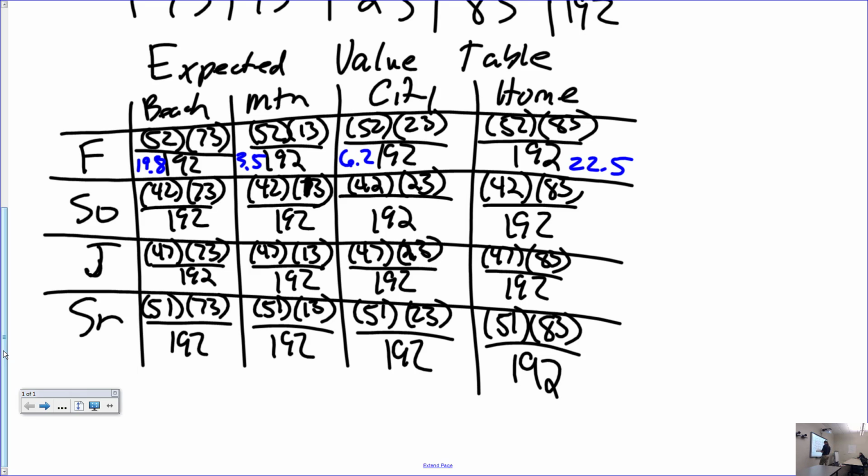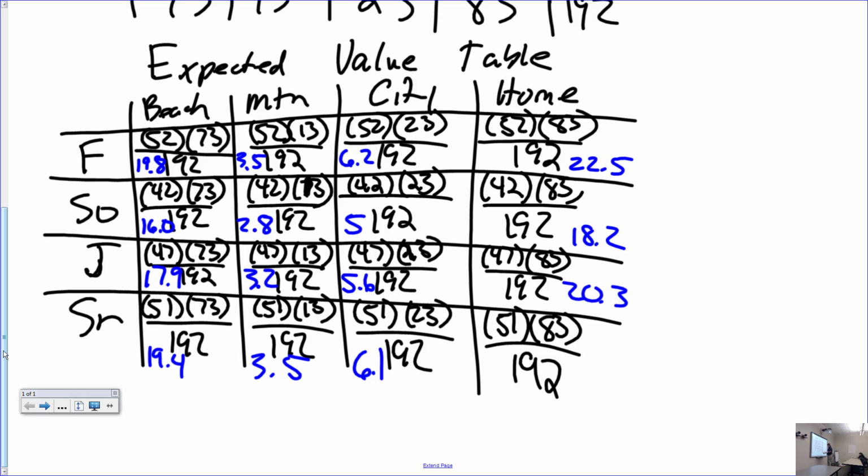Right numbers. 16.0, 2.8, 5.0, 18.2, 17.9, 8.2, 5.6, 20.3, 19.4, 5.6.1, 22.1.